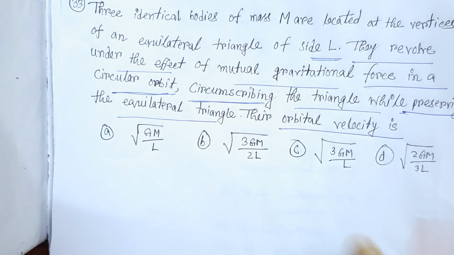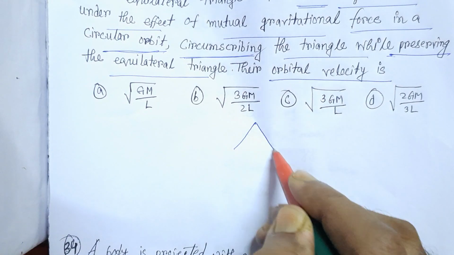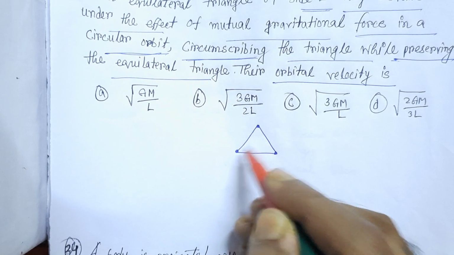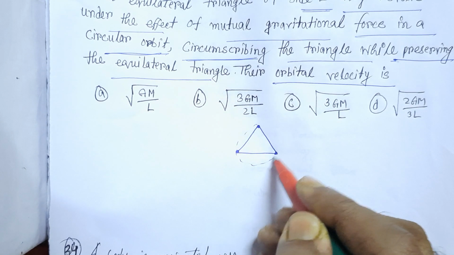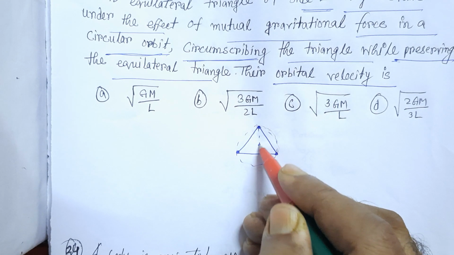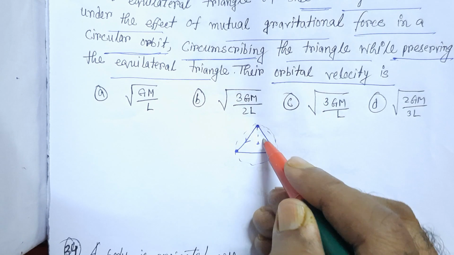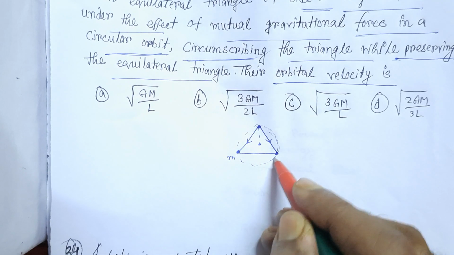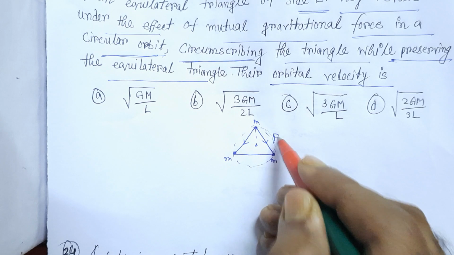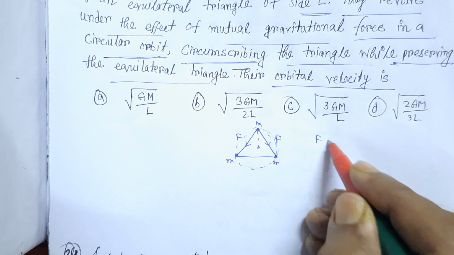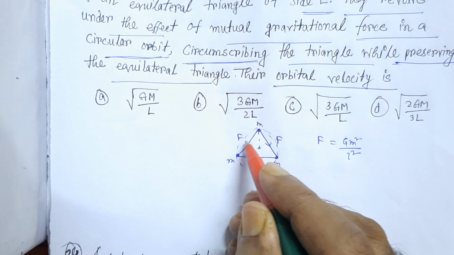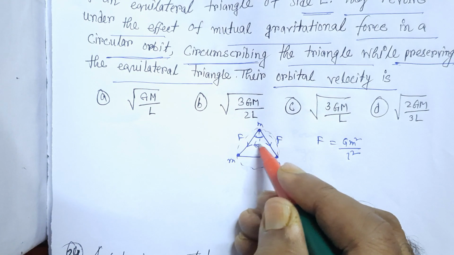The orbital velocity is asked. Now, we take an equilateral triangle, with three masses circulating through the circumference circle, and let the force on each mass by the other masses be F, and this F is actually GM square by L square, and the angle between them is 60 degrees.